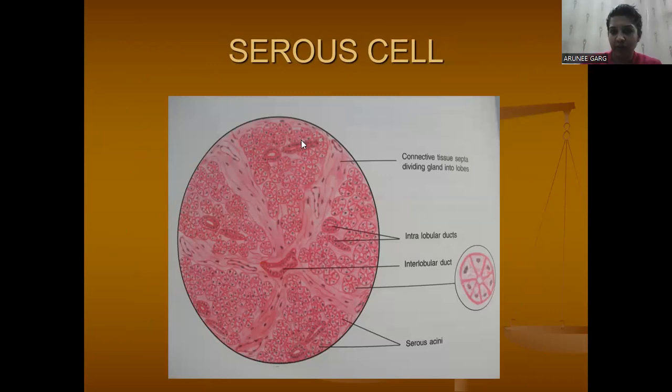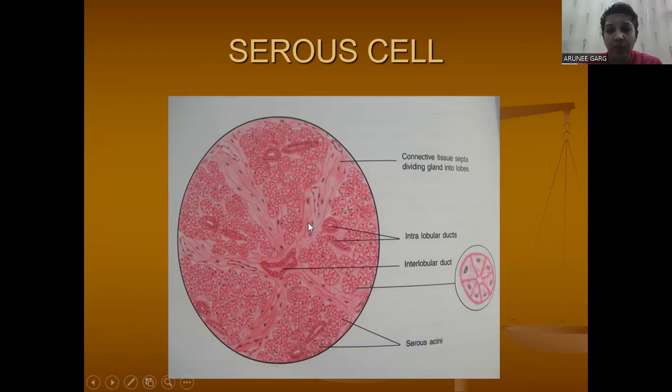So this is a histopath picture of a serous cell. You can see the pyramidal shaped cell, the connective tissue septa dividing the gland into lobes. These are the pyramidal shaped cells. You can see here the nucleus is located close to the base, and at the top part, at the apex, which is close to the lumen, there are various secretory granules.